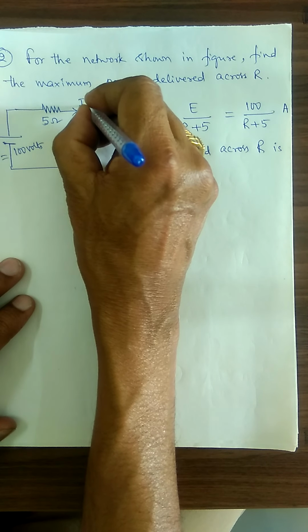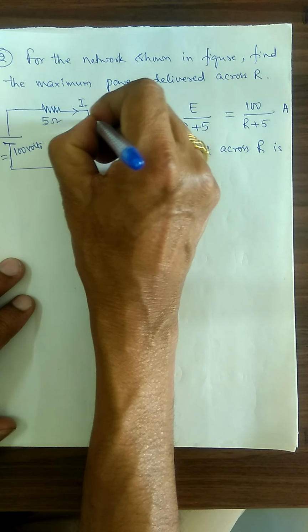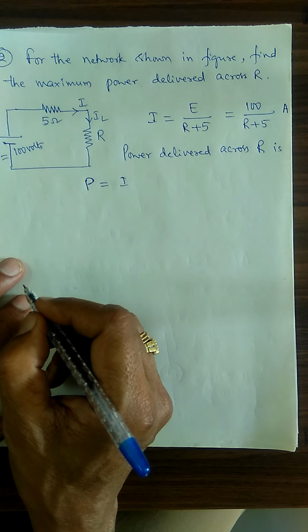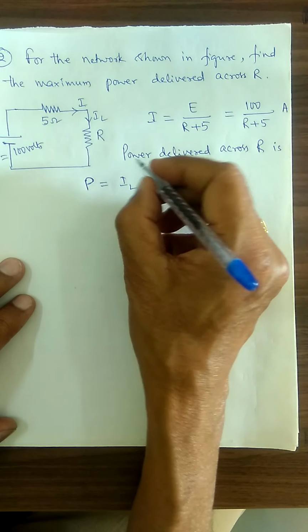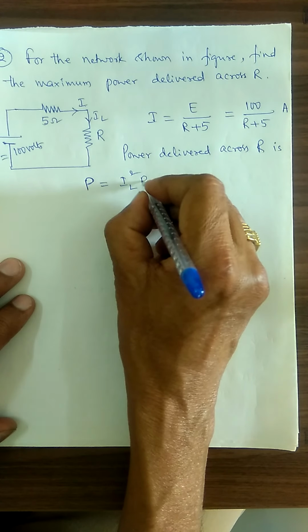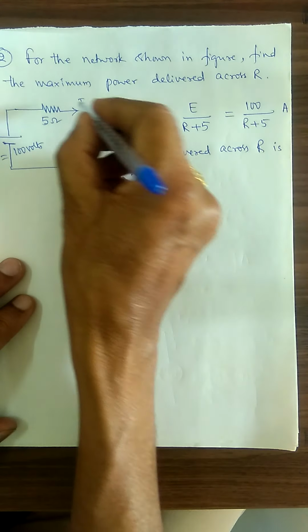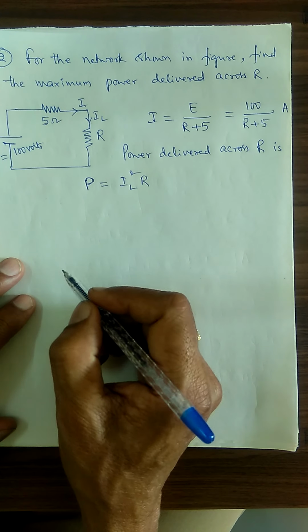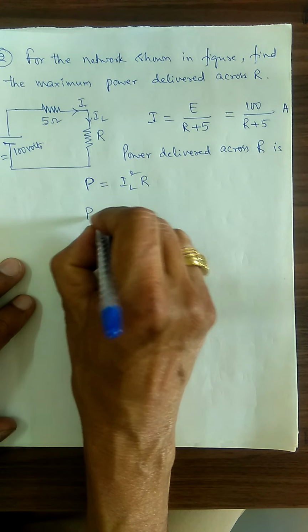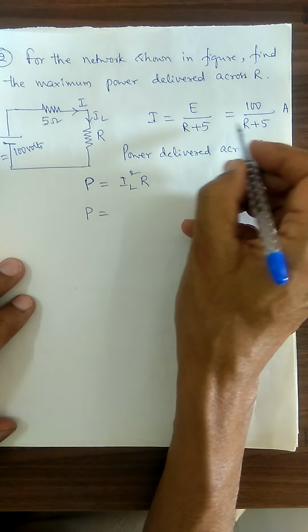The current passing here is I, but I can treat it as equal to IL. IL squared multiplied by R. IL and I are one and the same here. In this case, I is equal to IL.